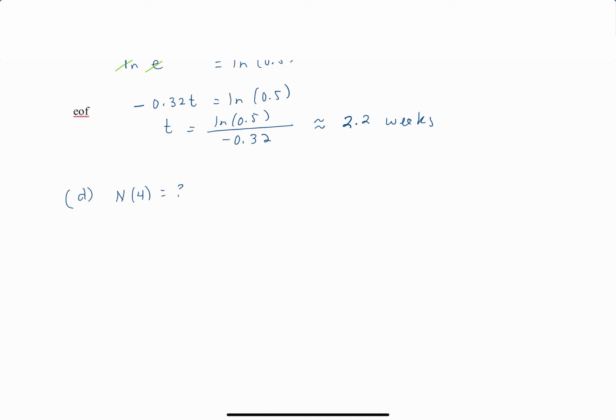And all we have to do for that is put into our formula the 4 for t. So we have 13,000e^(−0.32 × 4), which works out to be 3,614 boxes. And I'm going to round that off to the nearest unit because you can't sell a fractional number of boxes.